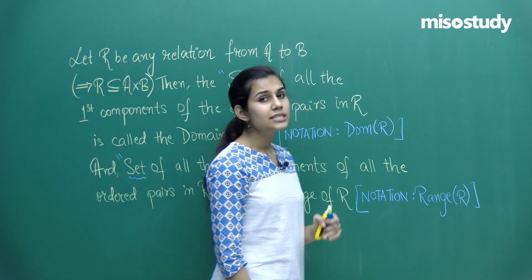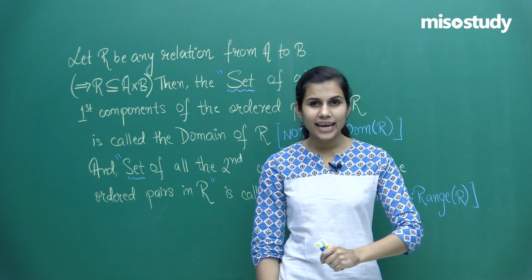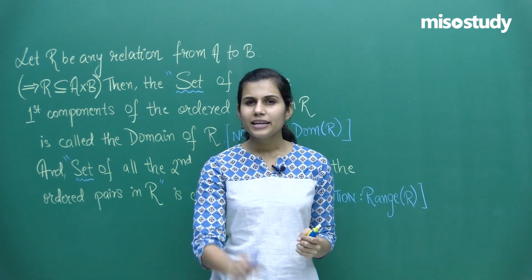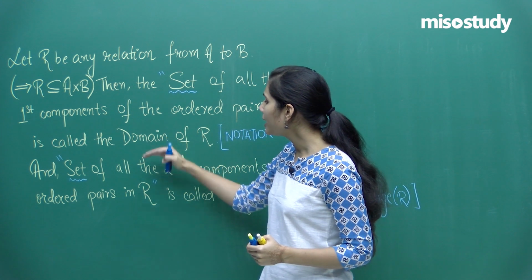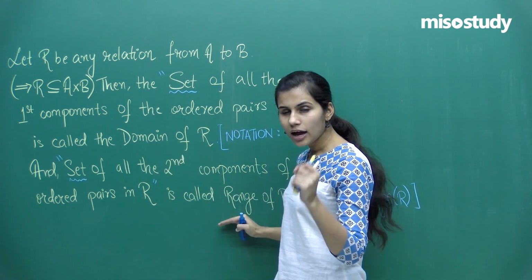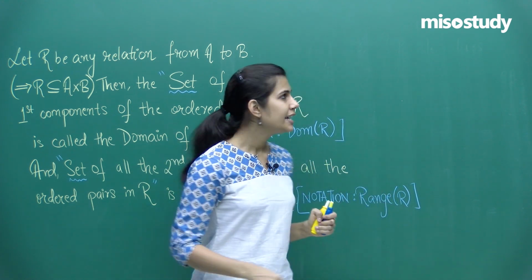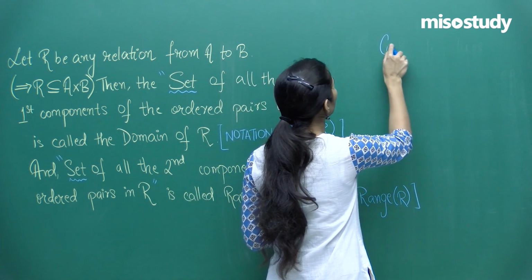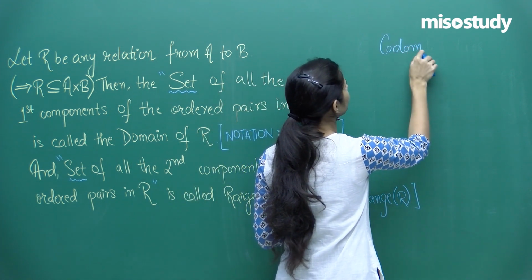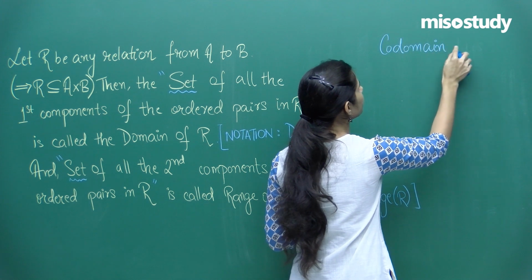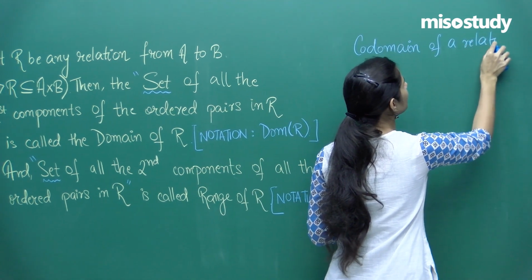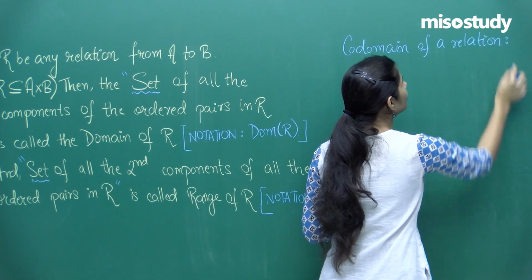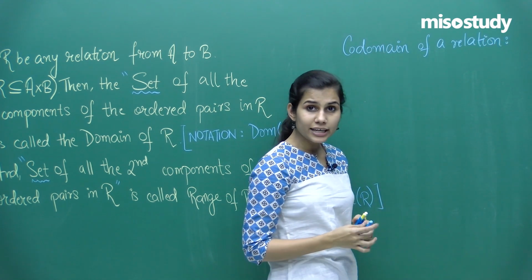Suppose there is a relation from a set A to a set B. There is one more new name after studying the domain and range. Another new terminology is the codomain of a relation. What is the codomain of a relation?